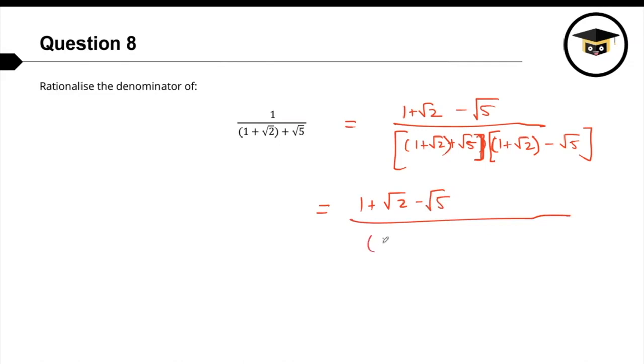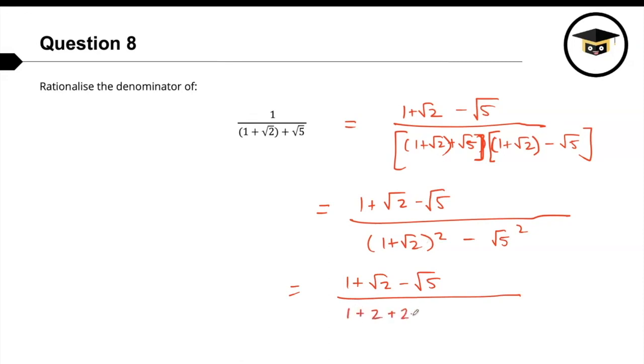So it's going to be 1 plus root 2 squared minus root 5 squared. If we square this, we're going to get first thing squared plus the second thing squared plus 2 root 2. Remember, that's just the perfect square formula. And this is going to be minus 5.